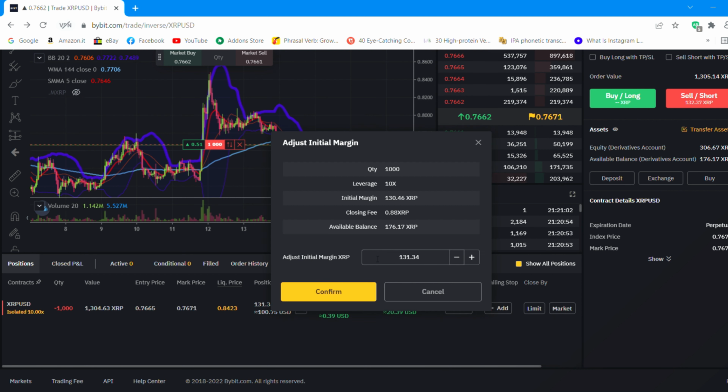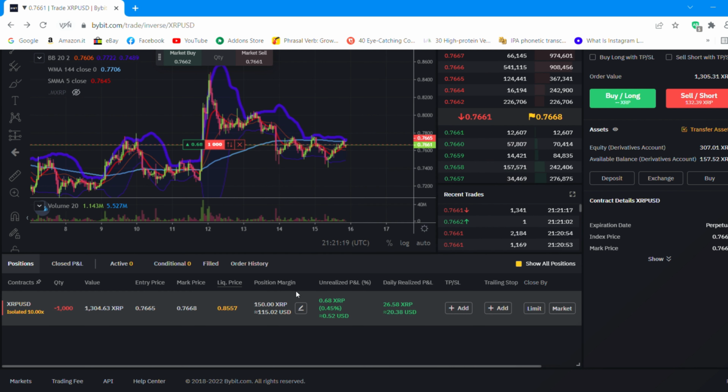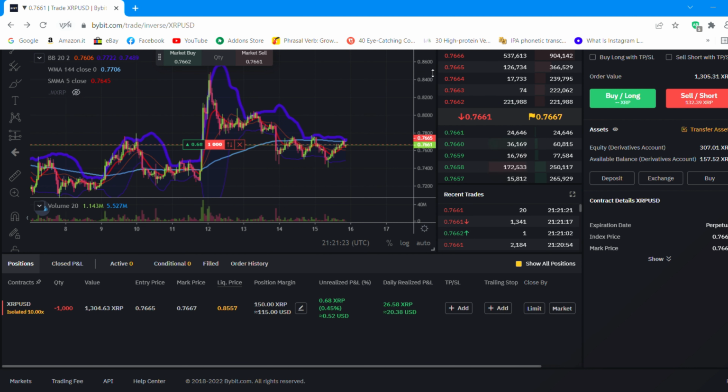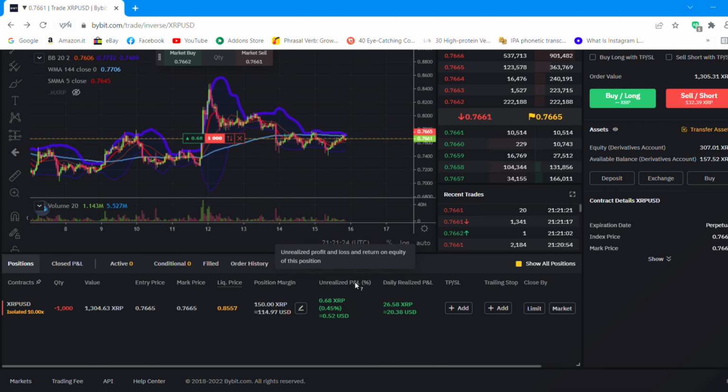So I can, let's say, put in 150, and from 84.23 I moved up 1 point, to 85.57. And that's just by adding 15 XRP.